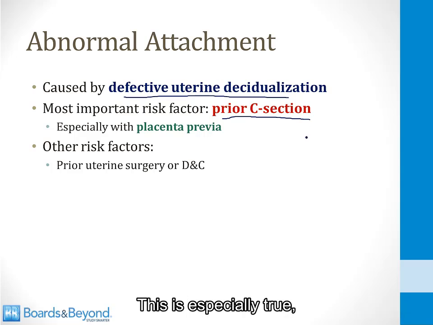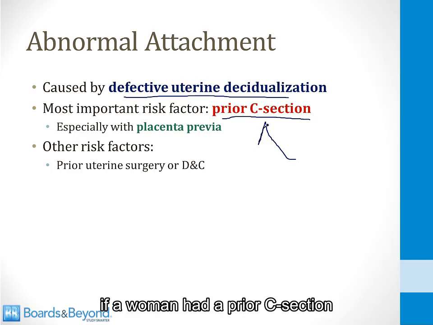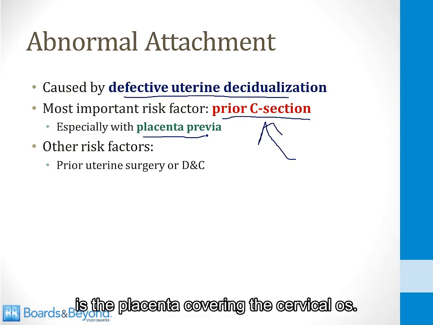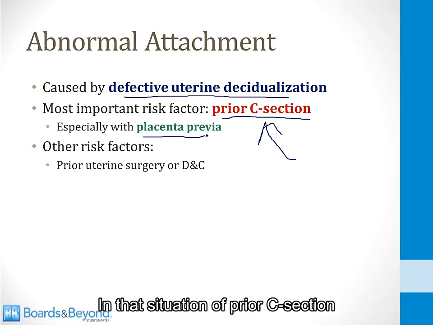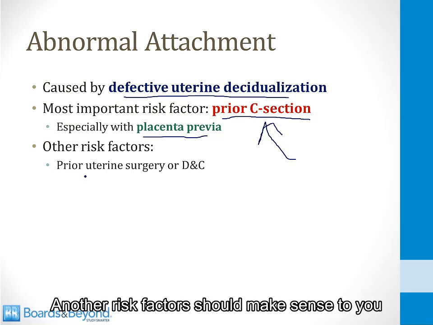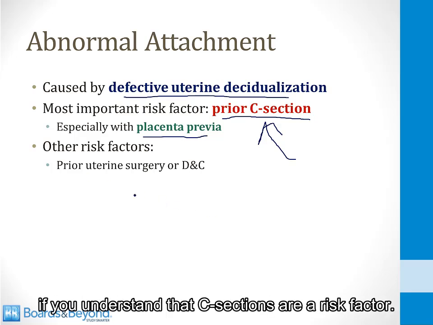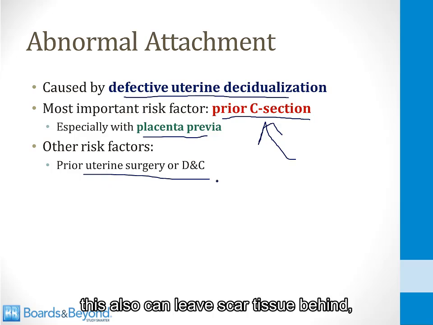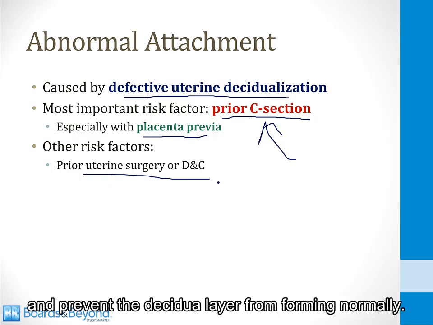This is especially true if a woman's had a prior C-section and now she has a placenta previa, which, as we talked about earlier, is the placenta covering the cervical os. In that situation, a prior C-section, now with a placenta previa, there is almost always abnormal uterine attachment. And other risk factors should make sense to you if you understand that C-section is a risk factor. If a woman's had prior uterine surgery or a D&C, this also can leave scar tissue behind and prevent the decidual layer from forming normally.